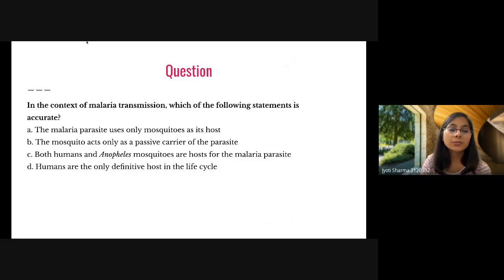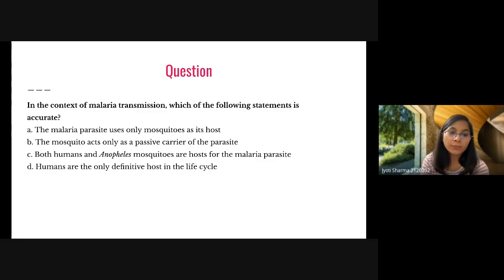Okay, so the next question is, in the context of malaria transmission, which of the following statements is accurate? And we have four options. A: the malaria parasite uses only the mosquito as its host. B: the mosquito acts only as a passive carrier of the parasite.